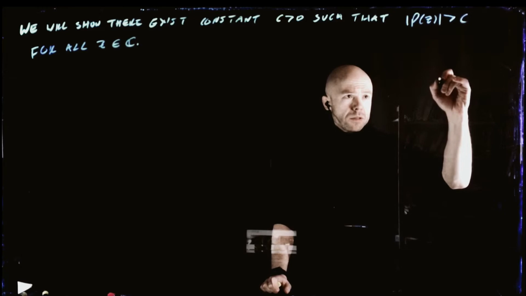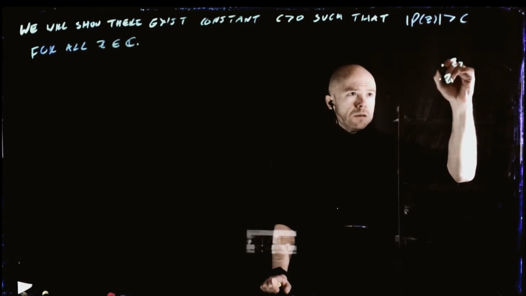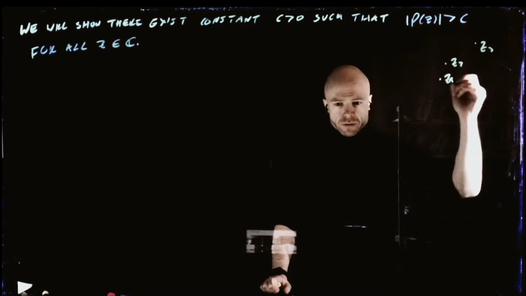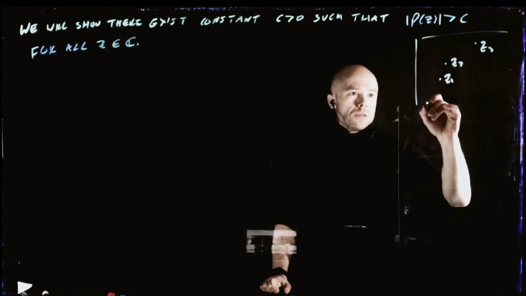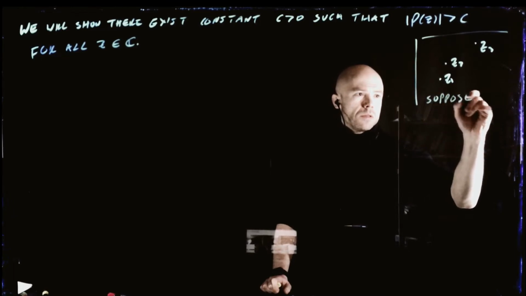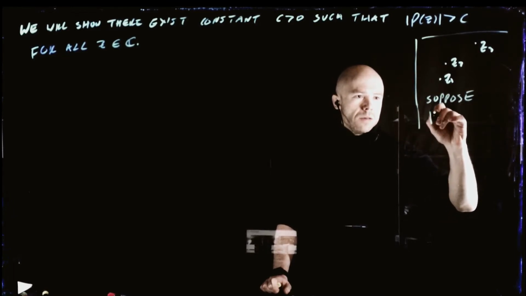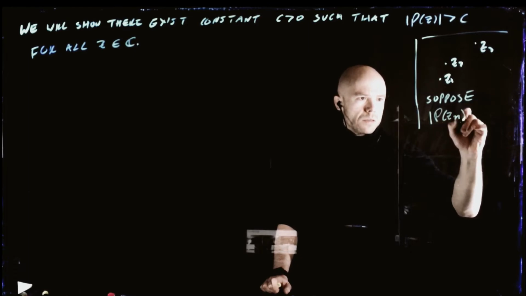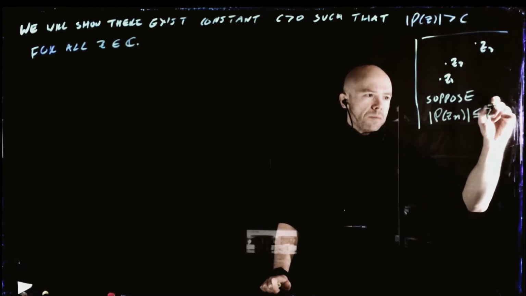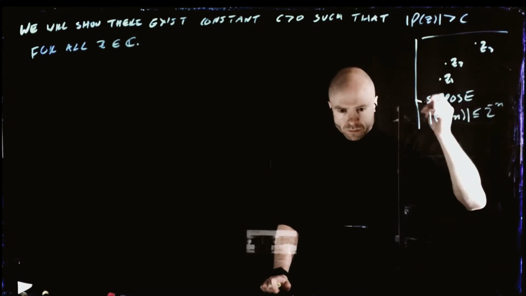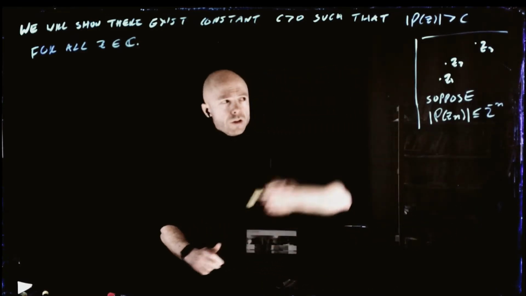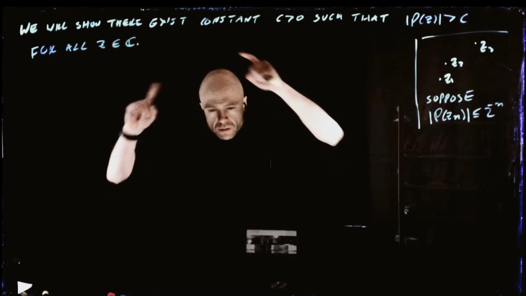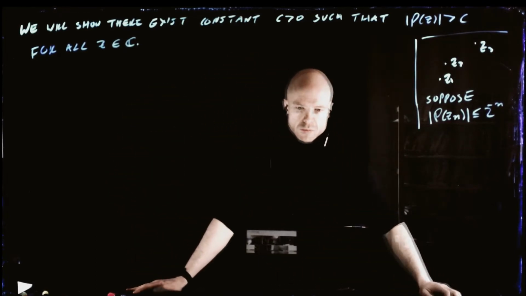So suppose we have this sequence z_1, z_2, z_3, and so on, where the absolute value of P of z_n is less than 2 to the minus n. In what way would we get a contradiction from this assumption, given that we've assumed that P has no roots?